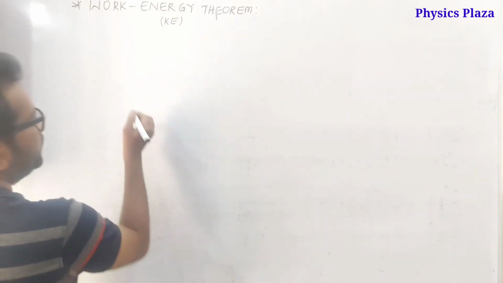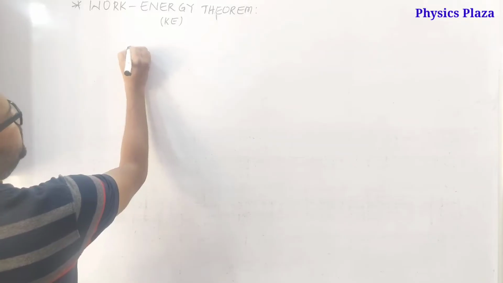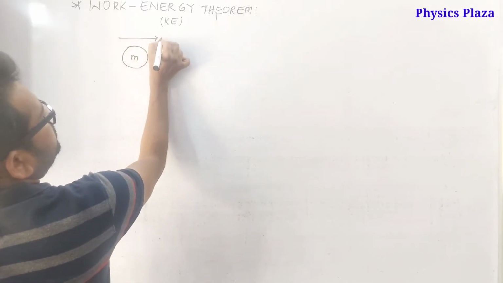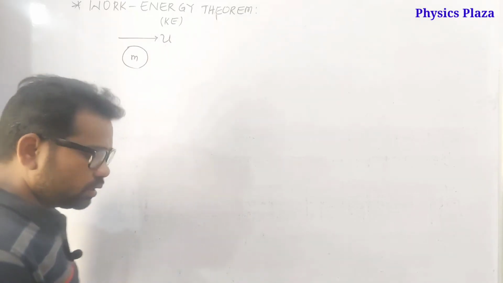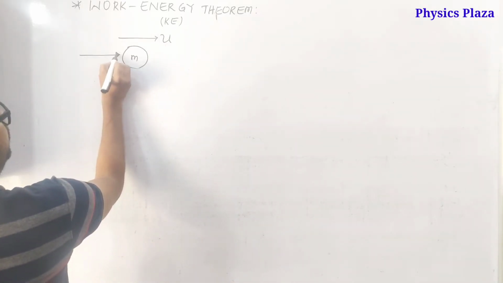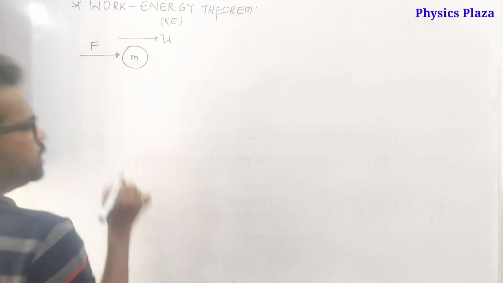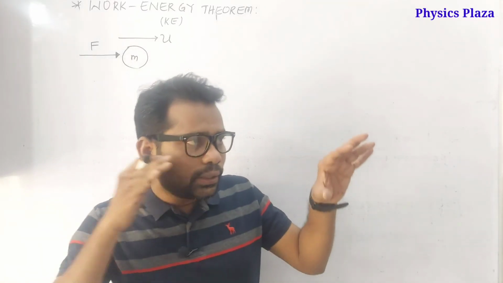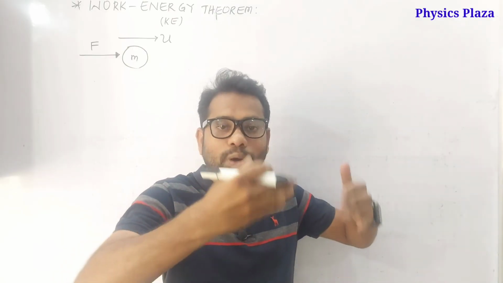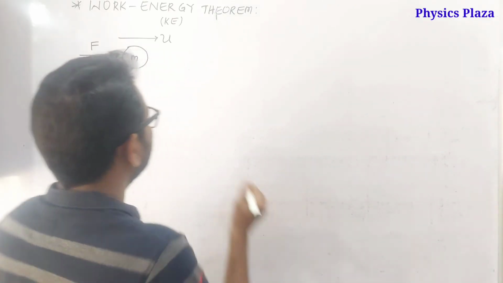Okay, children, now look here. Let us say here is a body of mass m going with some initial velocity u. And let the force be acting in the direction of motion. Obviously, if the force is acting in the direction of motion, the body speeds up. I mean, the body's velocity keeps on increasing.